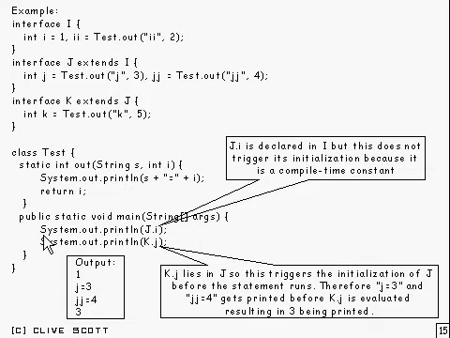So let's have a look at what happens. Here we've got System.out.println J equals I. Right. Now J equals I is declared up here because it's inherited and it's located there. And the important thing to note is that it does not trigger initialization.